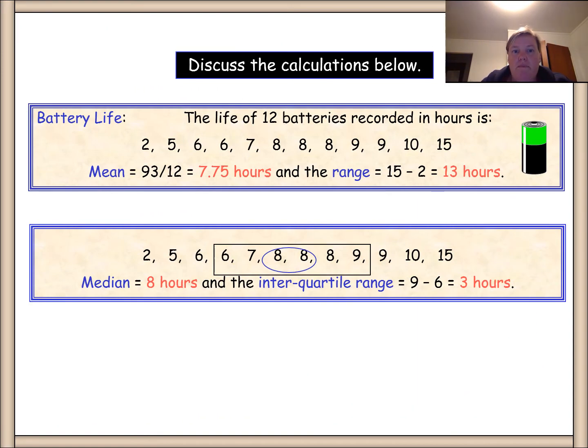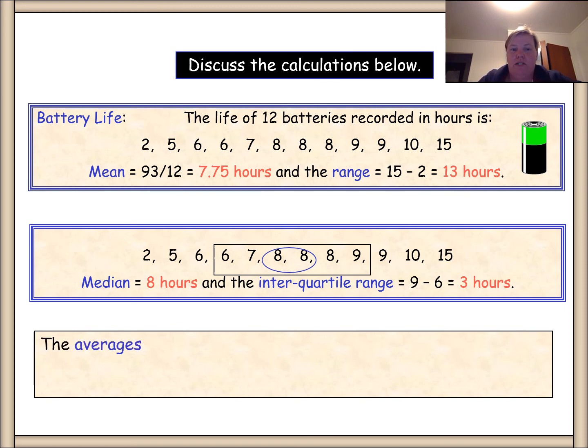Fantastic. Okay, so have a look at these. We've got the battery life of 12 batteries, and there's the data. Now, the mean is 7.75 hours, and the range is 13 hours. We find the median is 8 hours, and the interquartile range is 3. So we've got 2 sets of information: a mean and a range, and a median and an interquartile range.